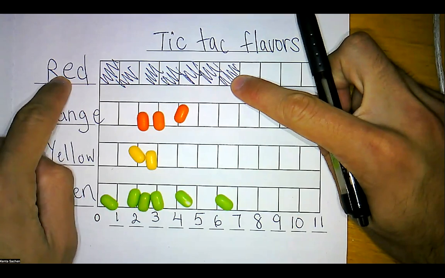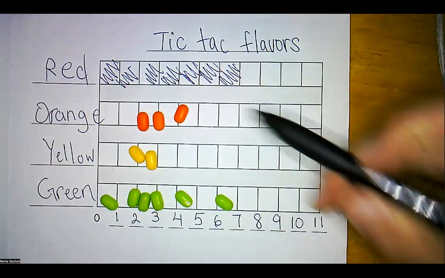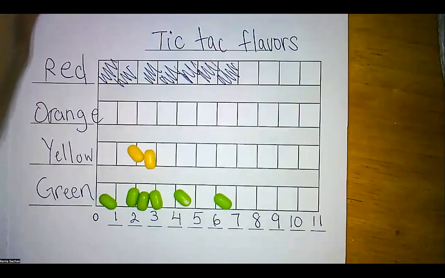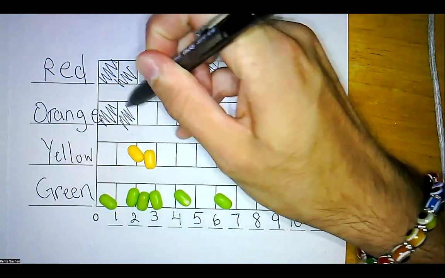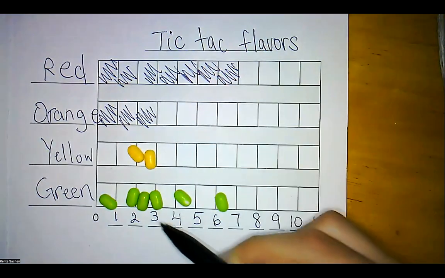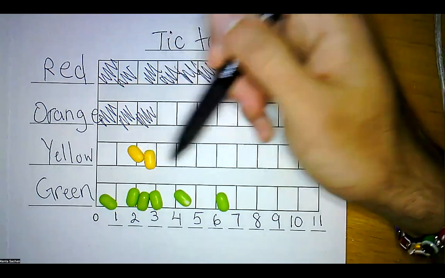It's red color, red flavor. I had 7 of them. How about the orange? I have 1, 2, 3 orange. So I'm going to color in 1, 2, 3, all the way until the 3 line right there, because I have 3. Yellow, I only have 2.